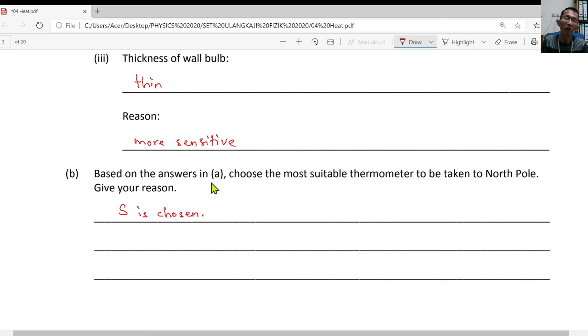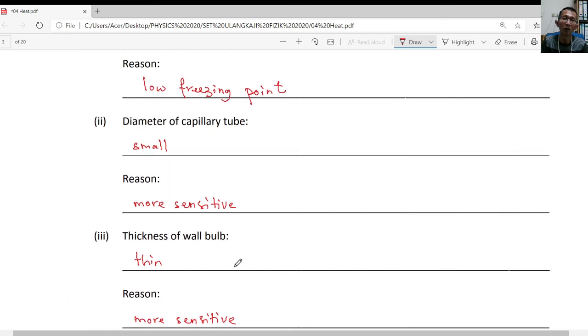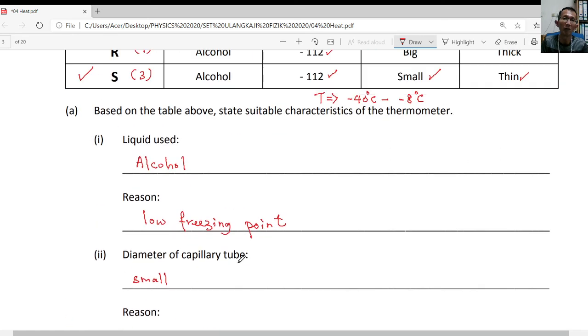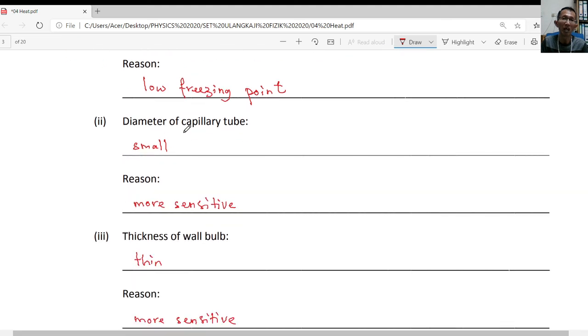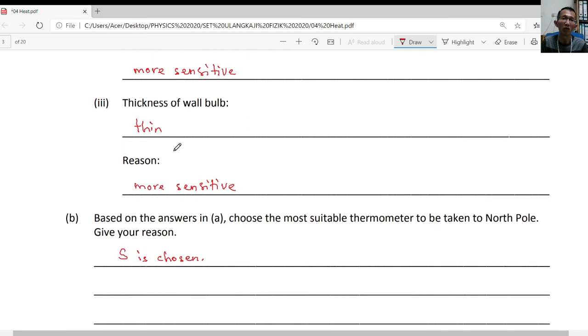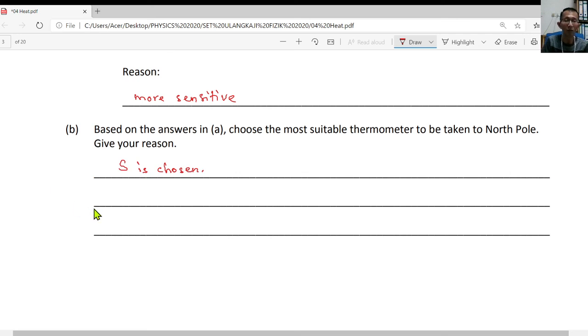Reason, repeat what you have written up here. In terms of the liquid used, it's using alcohol. In terms of the diameter, use small diameter. In terms of the thickness of the wall of the bulb, we choose thin. So just repeat the answer just now.